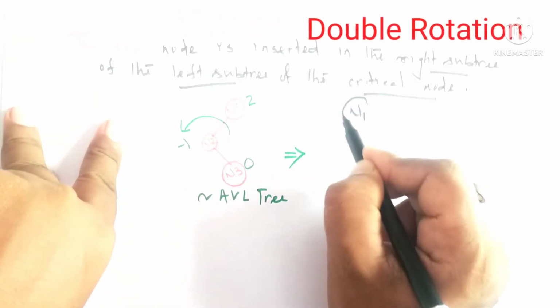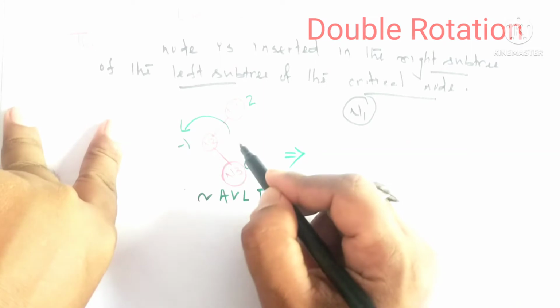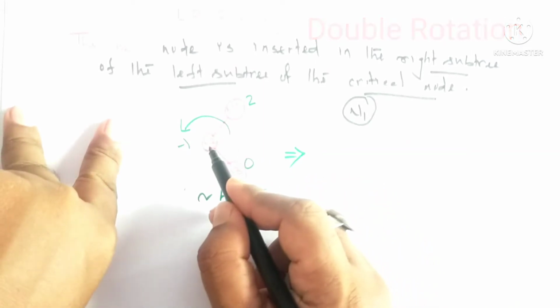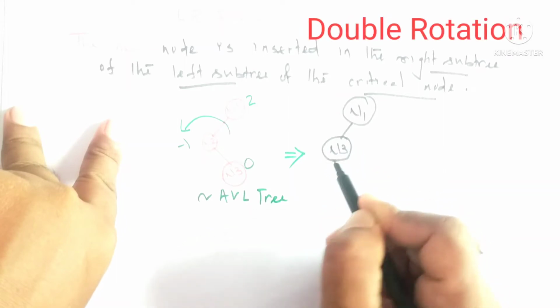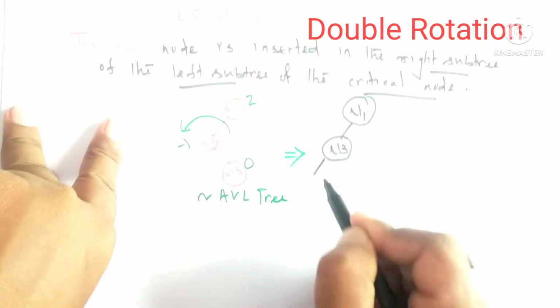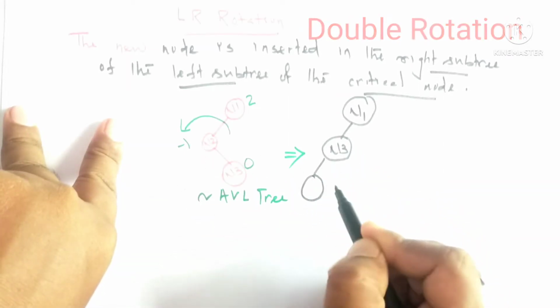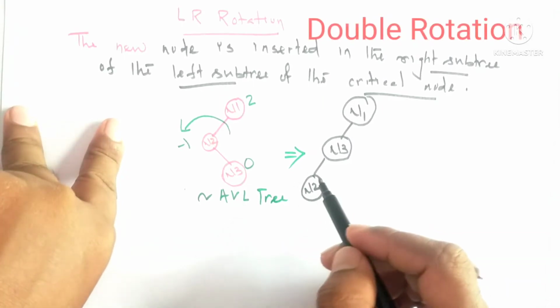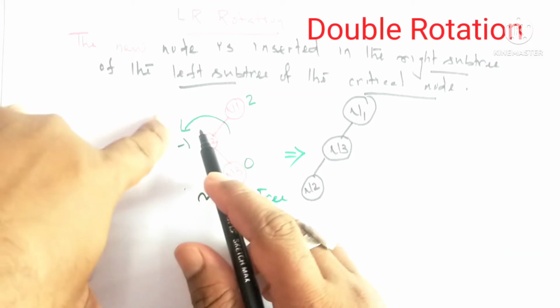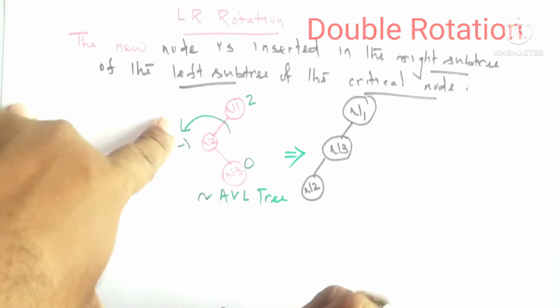This is node number 1. N3 will go to the position of N2. So N3 comes here, and N2 will go to the left child of N3. Now after doing the anticlockwise rotation, the tree looks like this.